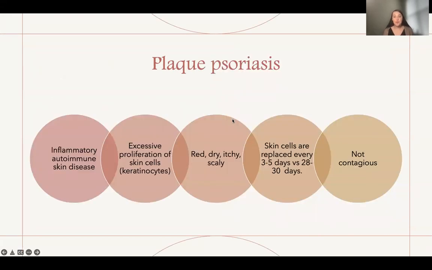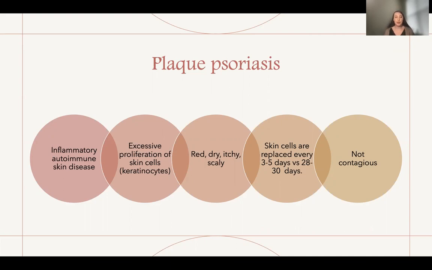A quick overview of what plaque psoriasis is. It's an inflammatory autoimmune skin disease, and as a result, there is an excessive proliferation of skin cells, which are keratinocytes. Individuals will often describe their skin as red, dry, itchy, and scaly.